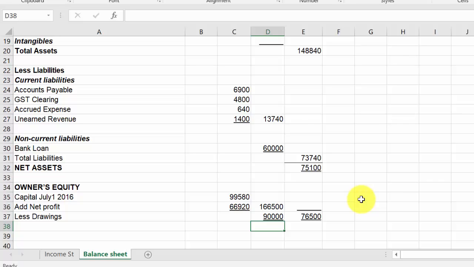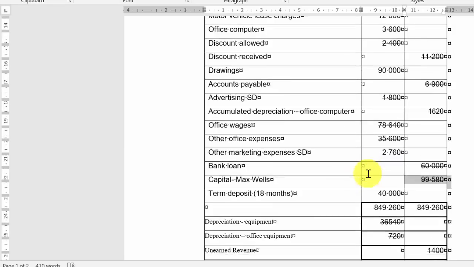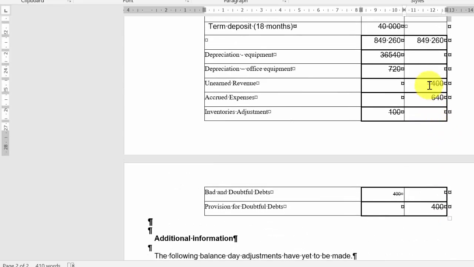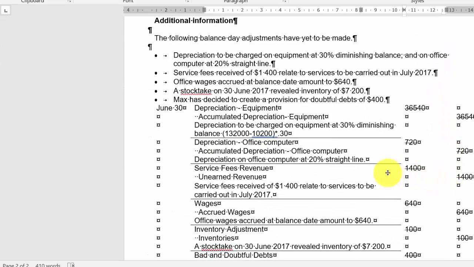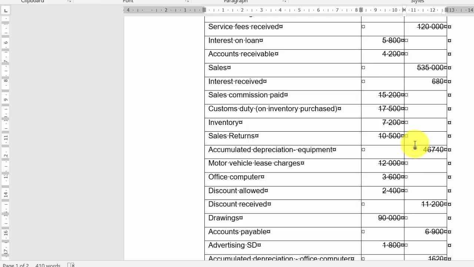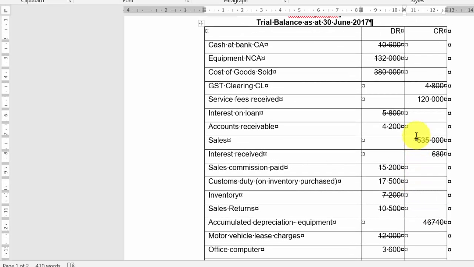And I'm looking for an item for $1,400, and I'm getting suspicious about this item here. Remember, that was a balance day adjustment which we completed down here, $1,400. What I should have done is credit accrued unearned revenue of $1,400, which I did do here, but service fee revenue, the $1,400, I crossed it off, but I didn't debit that amount to service fee revenue up here.